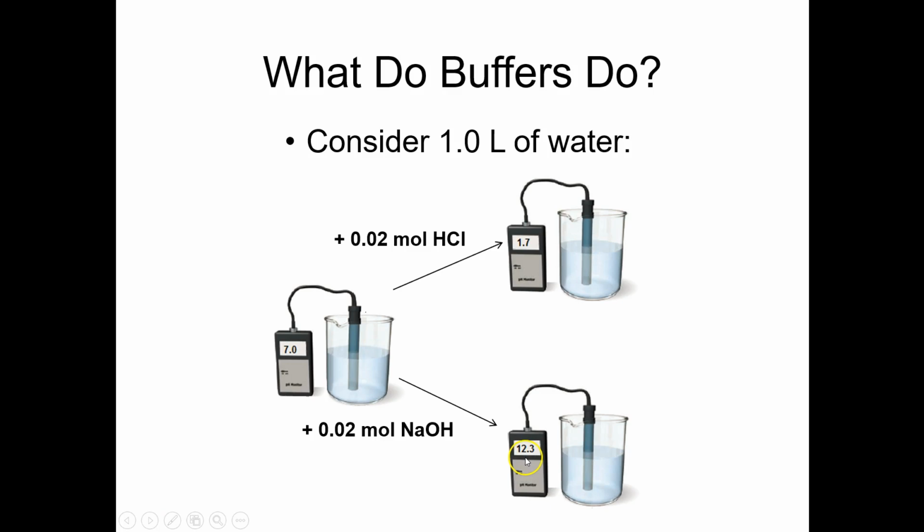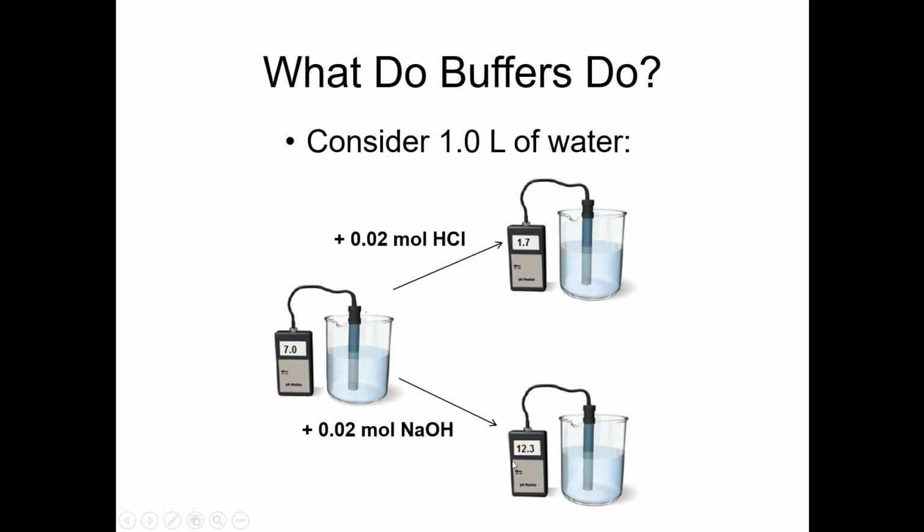The pH is going to shoot up, because you'd have a 0.02 molar solution of hydroxide. The negative log of that is 1.7, which would be the pOH. Therefore, the pH would be 12.3. So addition of just tiny amounts of strong acid or strong base to pure water is going to deflect its pH by tremendous amounts.